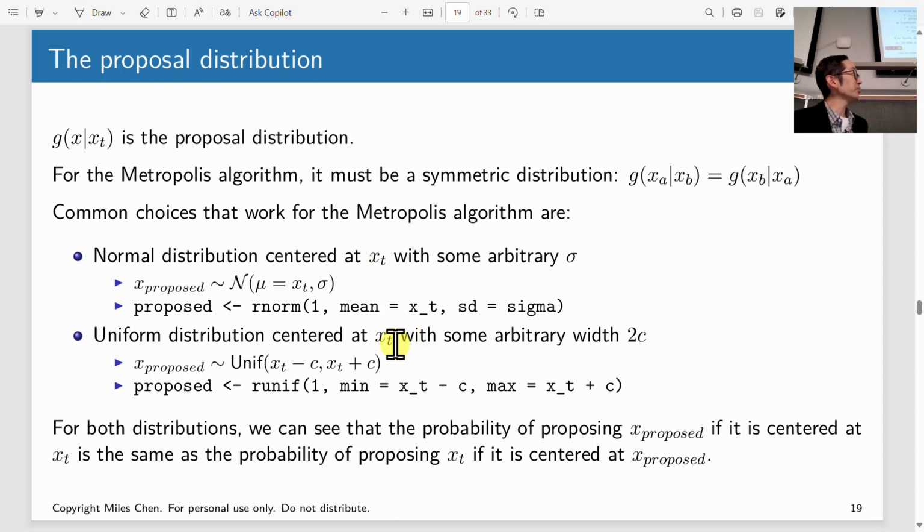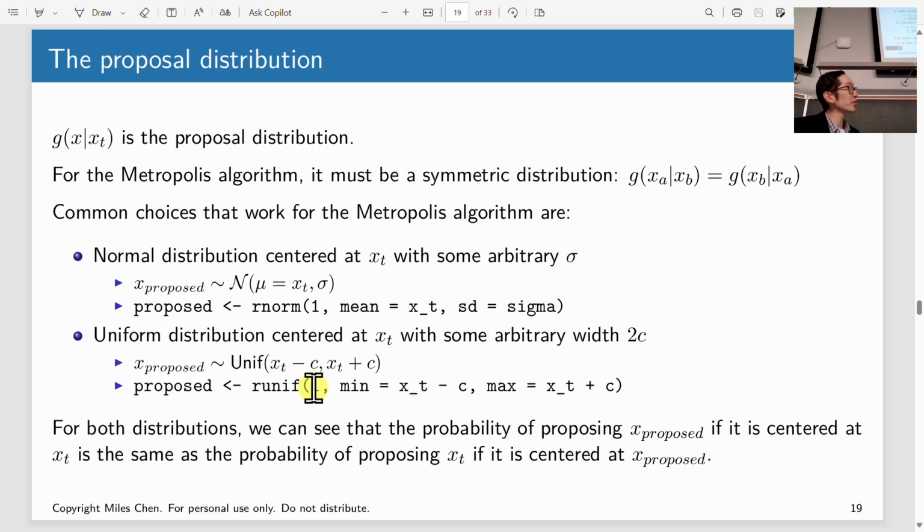You can also use a uniform distribution, and you just have some arbitrary width of basically plus or minus c. So you can say, okay, if I'm currently at 0, maybe I'll generate a value from -1 to +1, okay? Or if I'm currently at 5, maybe I'll generate a value from 4 to 6 or something like that, okay? So here we would do runif, a random uniform value.